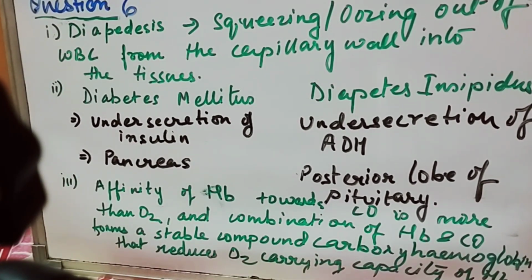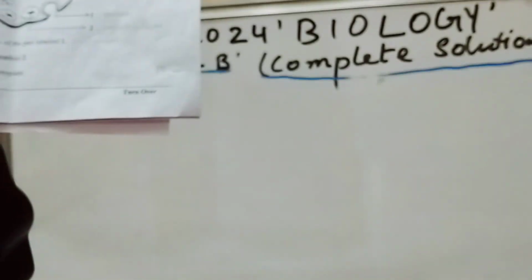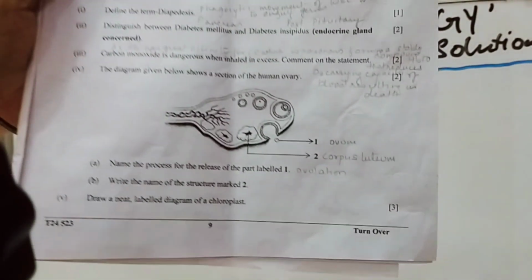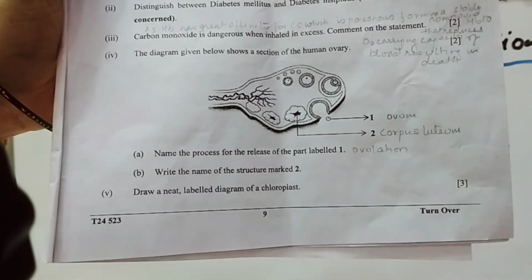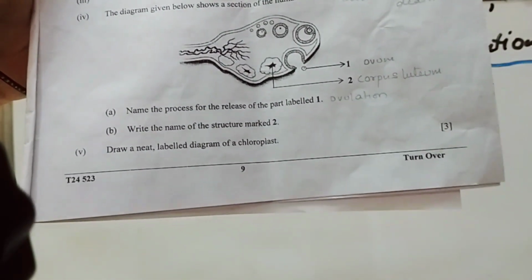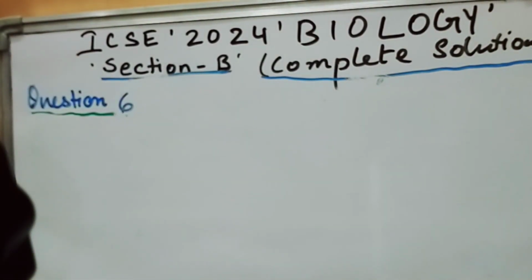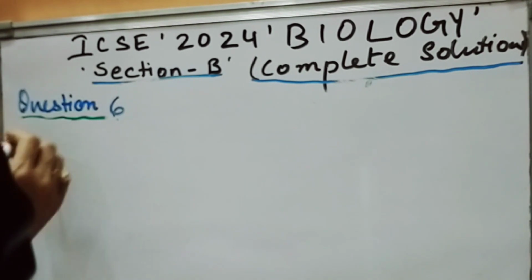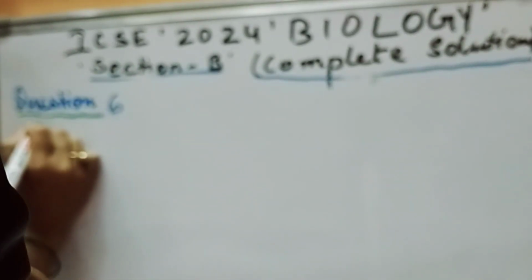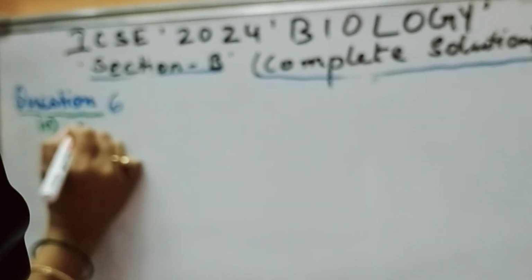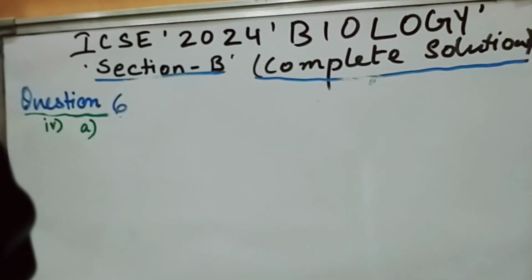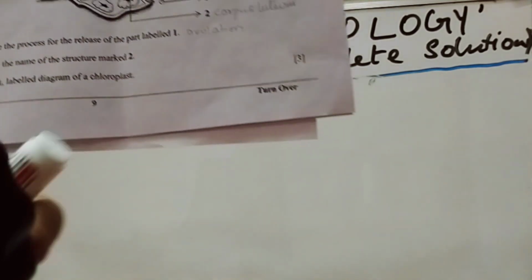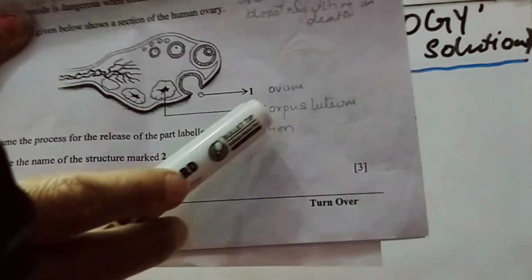We'll go to the next question, which is diagram based. So question number 6, subpart 4 is the diagram of human female ovary. The diagram given below shows a section of the human ovary. Name the process for the release of part labeled 1. In subpart 4A, it is showing Graafian follicle releasing ovum.